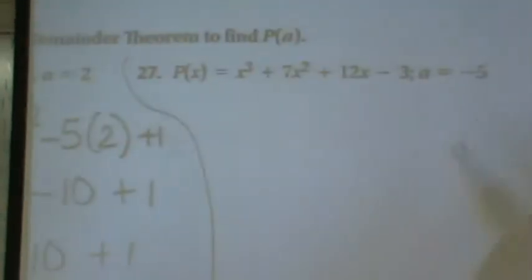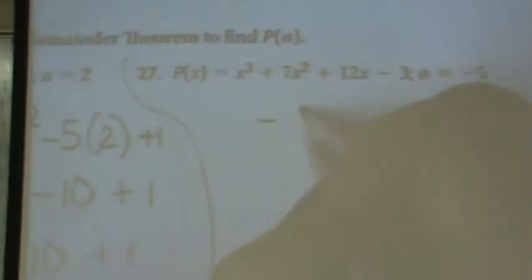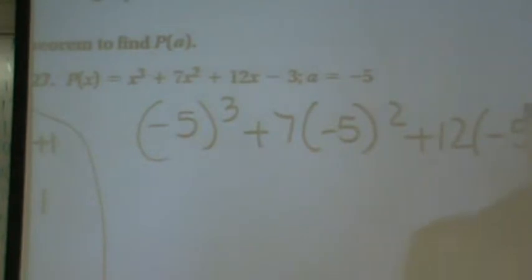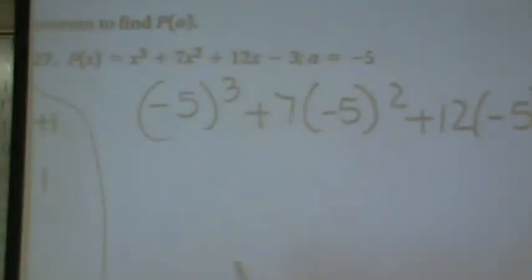That is your remainder. For 27, you're going to plug a -5 in here. -5 cubed plus 7 times -5 squared plus 12 times -5, and then minus 3.